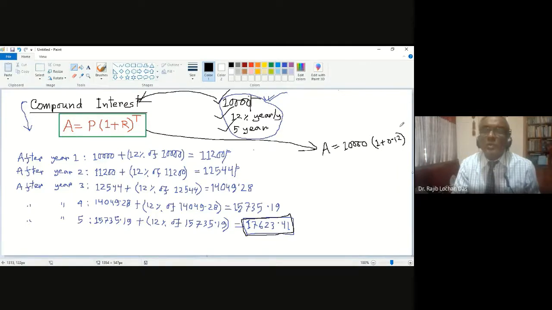To the power how many year? So to the power 5. So now you calculate this. 10,000, use your calculator. 10,000 into 1.12 to the power 5. So do you find the same answer?